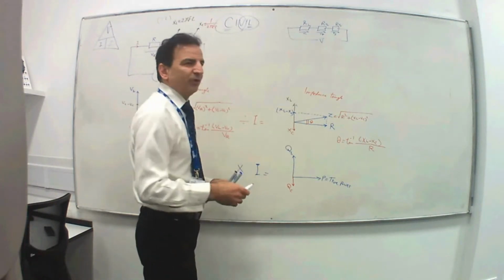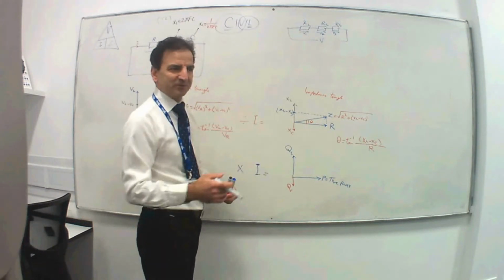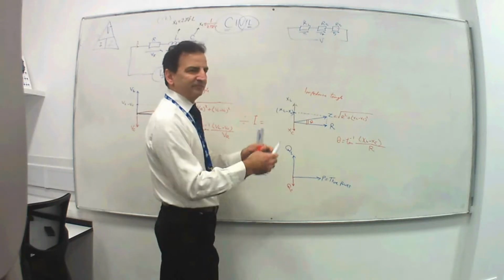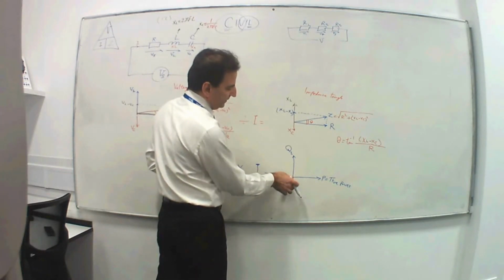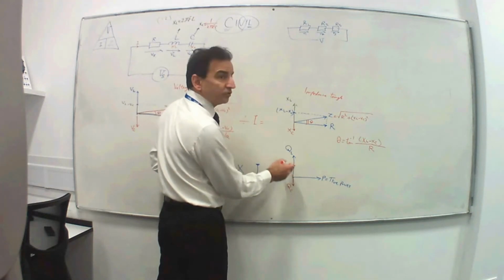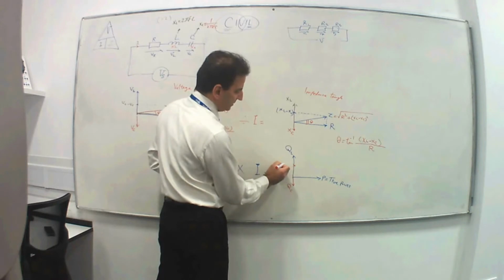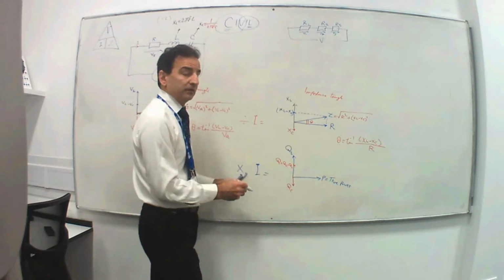So to avoid having capacitive reactive power and inductive reactive power separately, when you take this away from that, you have overall just one Q, which is QL minus QC.